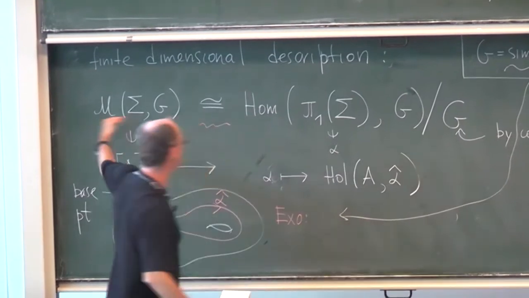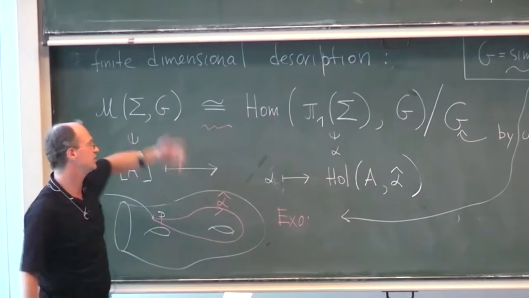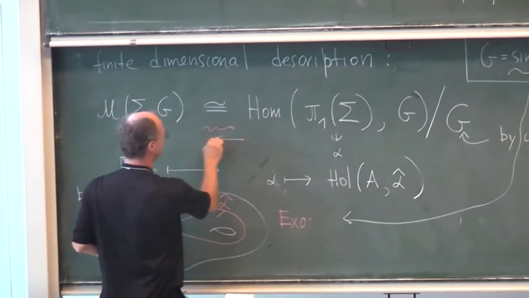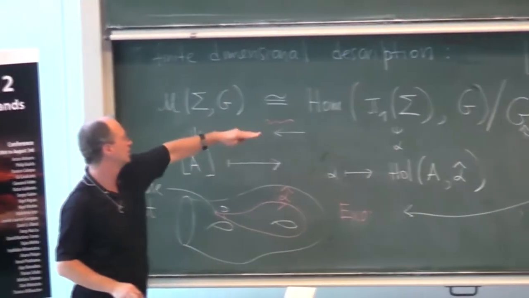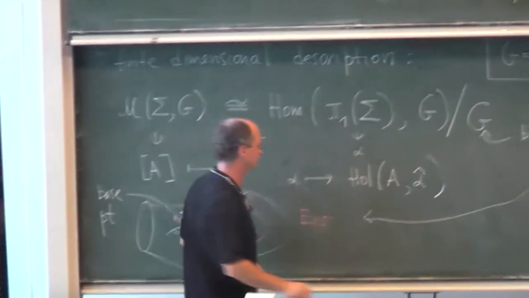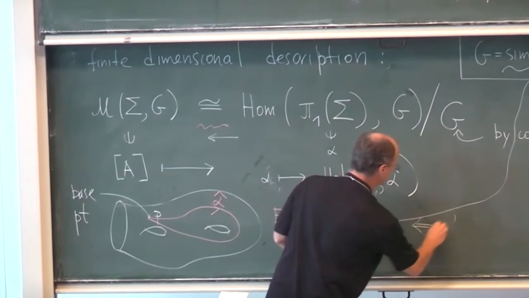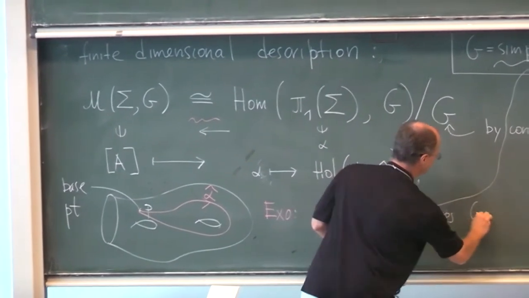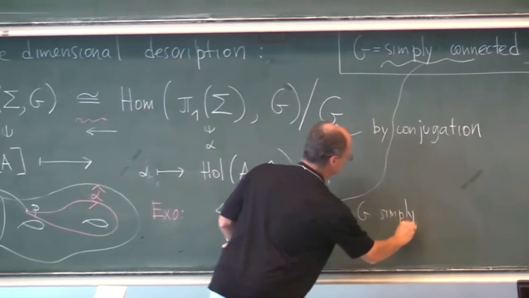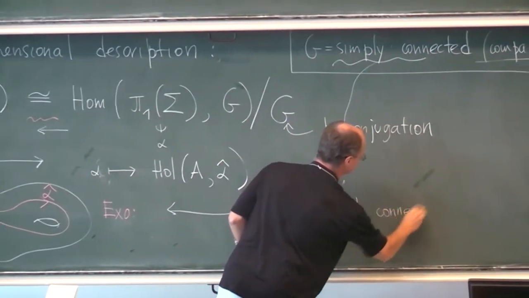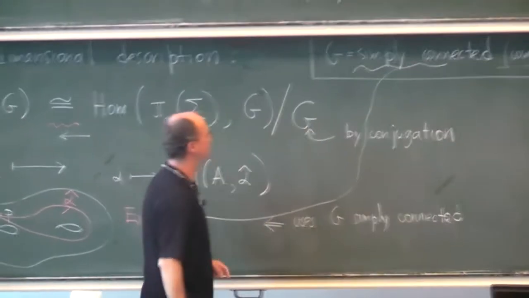So I constructed the map in one direction, right? To see that this is an isomorphism, it's probably good to try to see how to go in the other direction. And the other direction uses G simply connected.